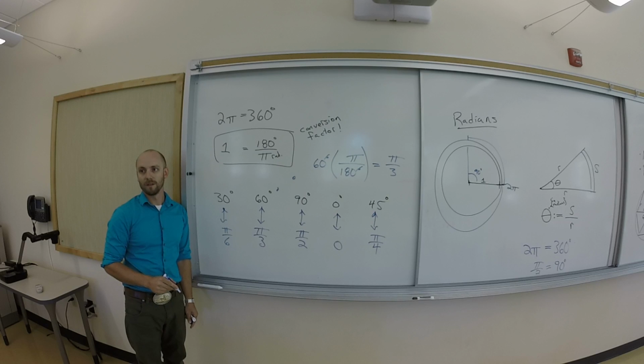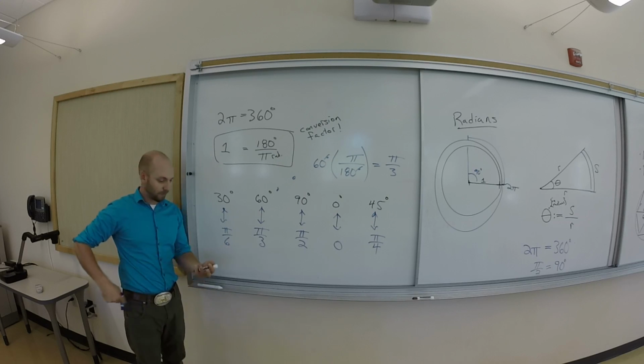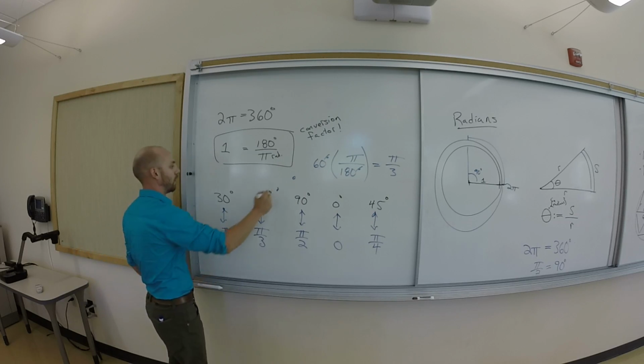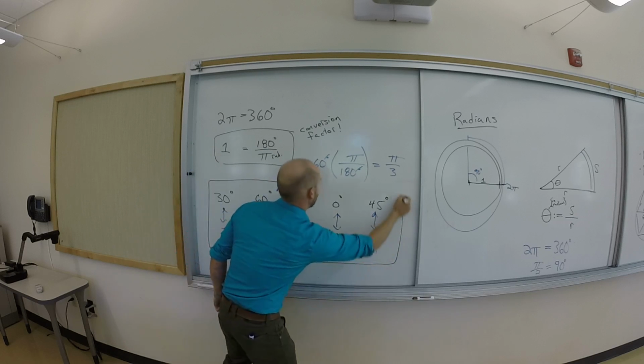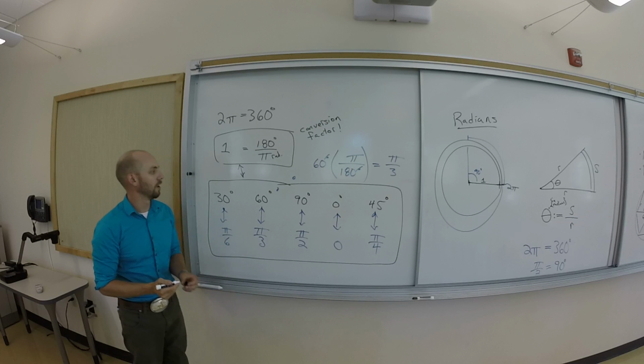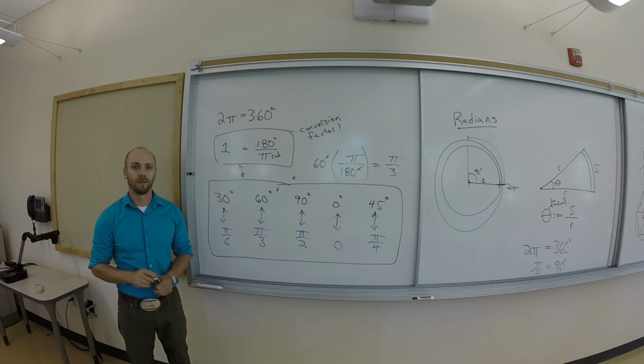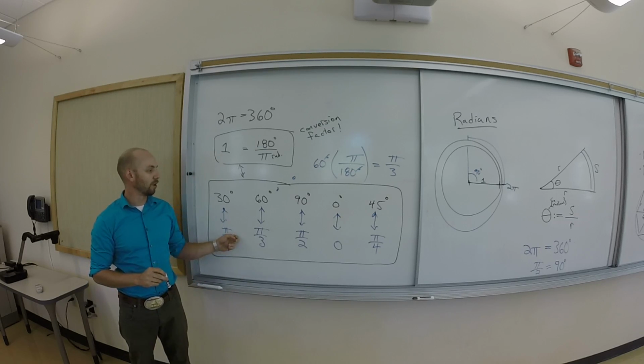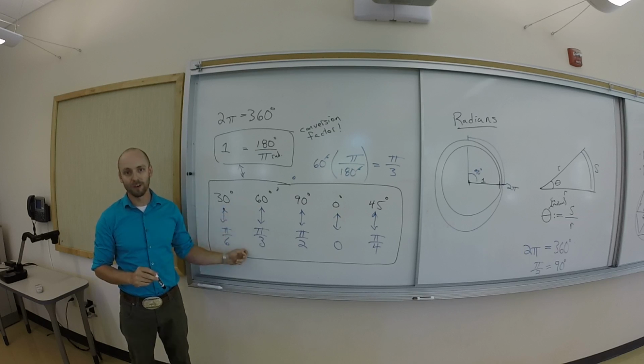So I personally would recommend that you put this conversion and this conversion factor in your head. I will switch back and forth between these without mentioning what I'm doing. Sometimes it'll be more convenient to work in degrees because addition and subtraction are easy there.